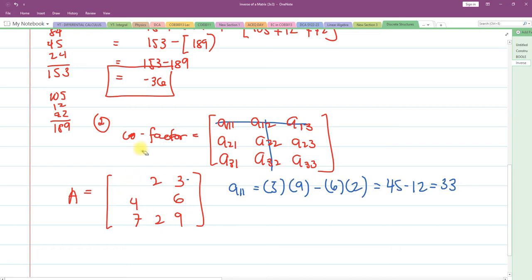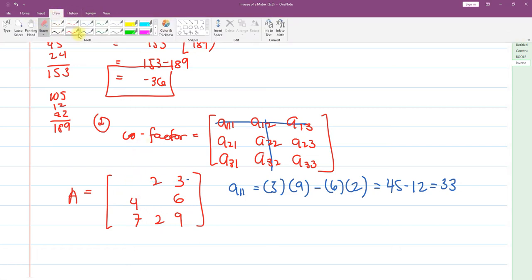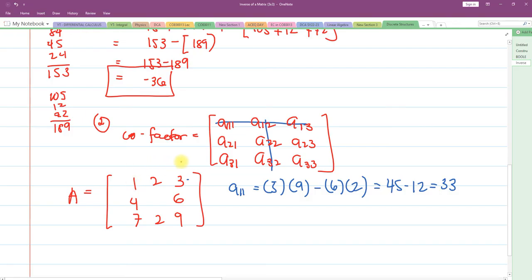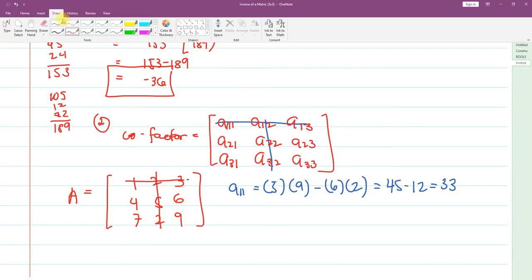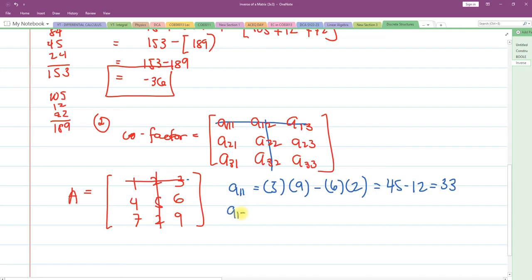We just simply follow this cofactor matrix. We cross out this, and we have 5 here, and cross out this. Then get the determinant, and that is our A12. So that would be 4 times 9 minus 6 times 7. So that is 36 minus 42, so that would be negative 6.